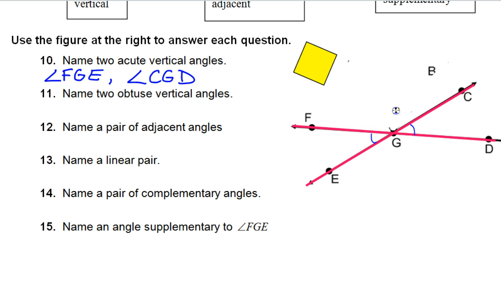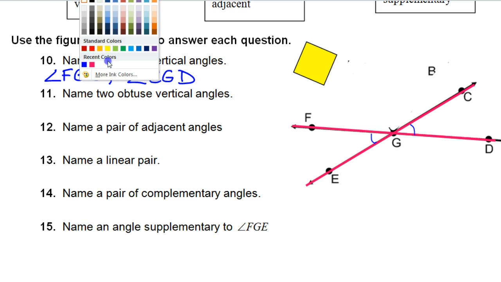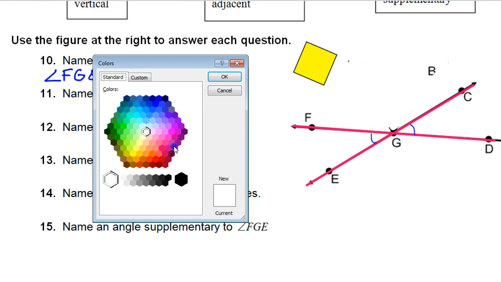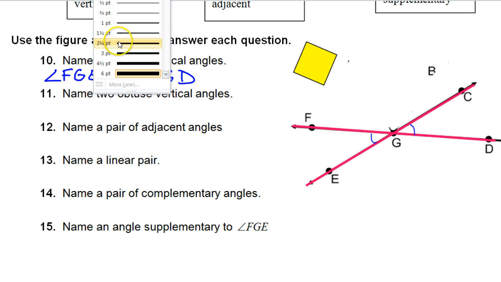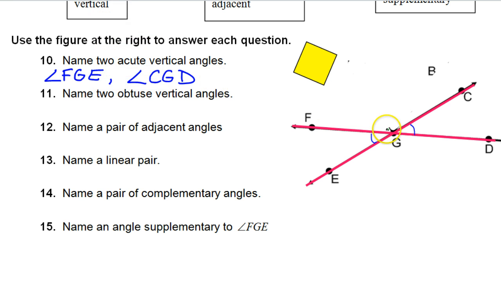Ignore those lines. So if you ignore those lines I just erased, that's going to make it easier for you to see what's going on around here. Am I right? Go back to a manageable size. So these angles over here are also vertical angles. Okay, so this angle and this angle. These two angles that I just marked in purple are also vertical angles.